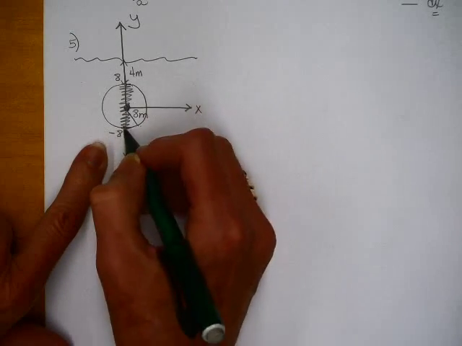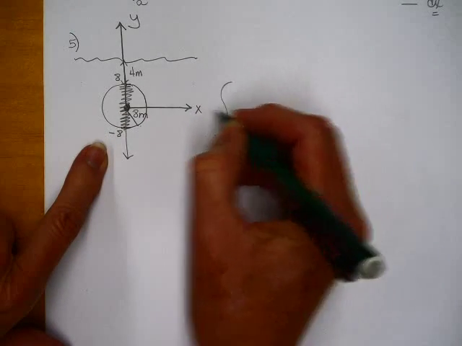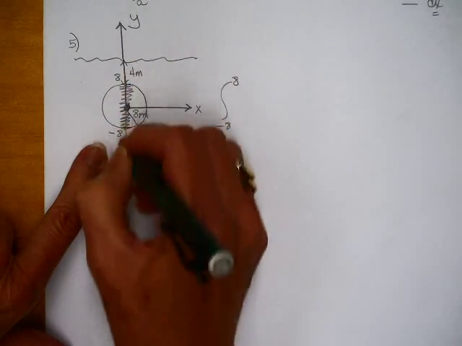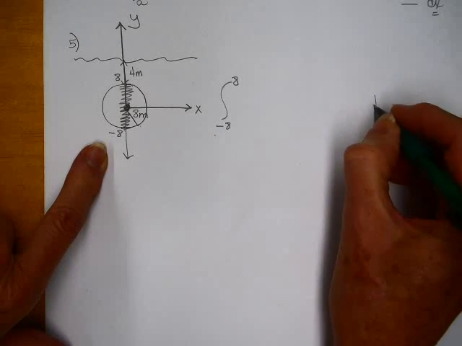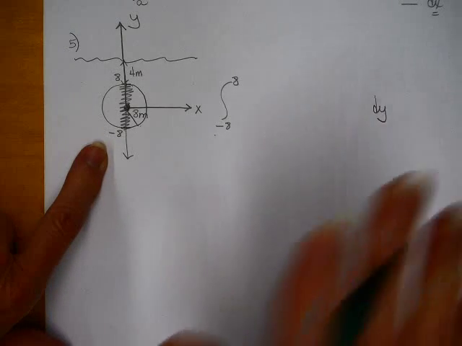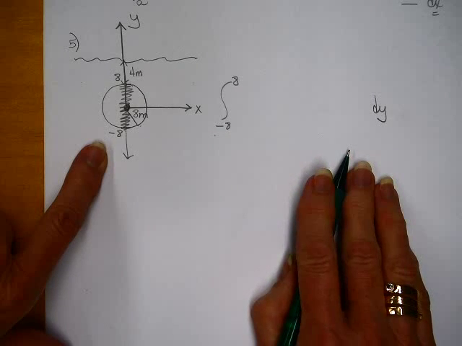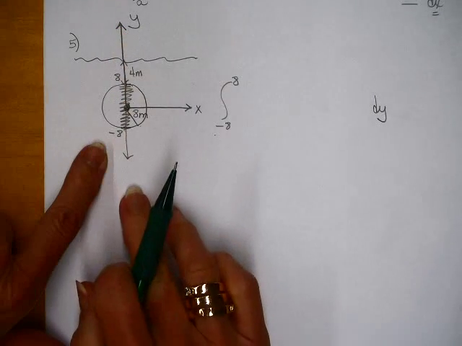So to set that up, I'm integrating from -8 to +8. I am on my y-axis, so I'm going to have dy out here, and everything in here is going to be a y, because I'm on my y-axis.